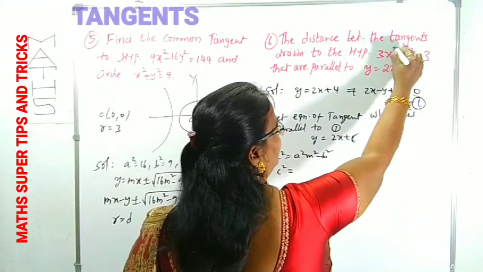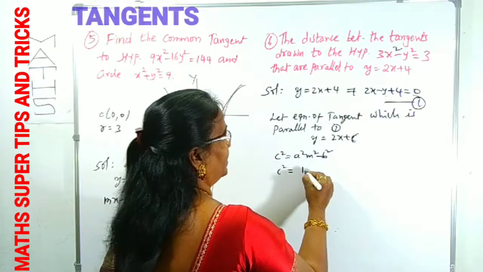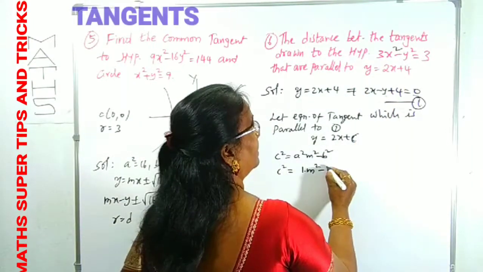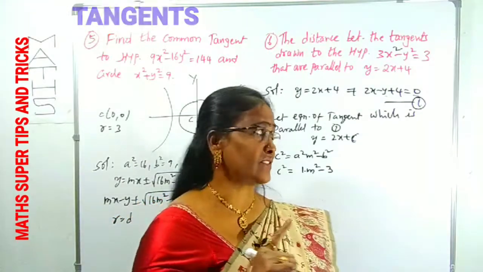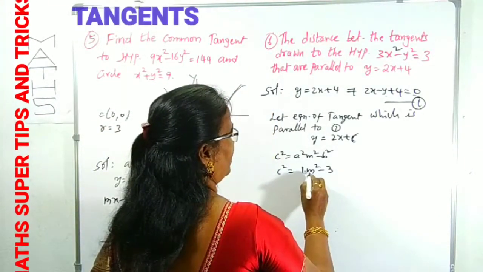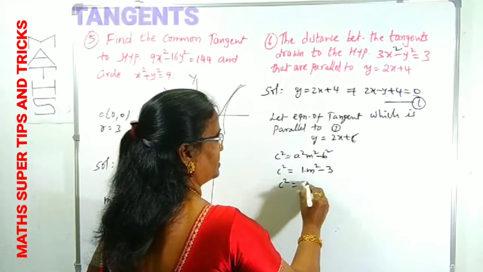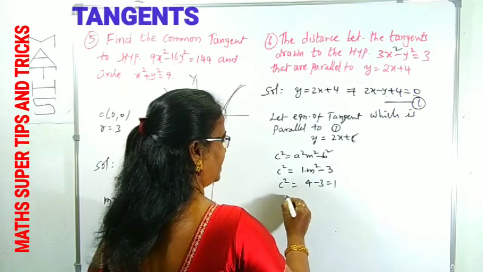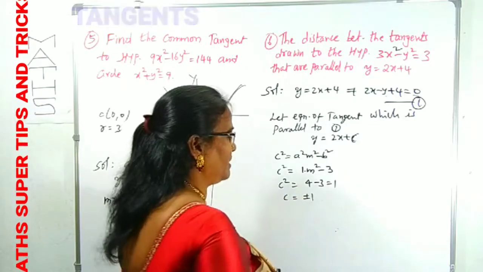A square is 1, and b square is 3. I said to you, we can interchange the x square, y square coefficients. There will be c square is equal to 1 into m square minus 3. What is m here? 2. c square is equal to 2 square, that means 4 minus 3, which is 1. c is equal to plus or minus 1; we can take plus 1 also.